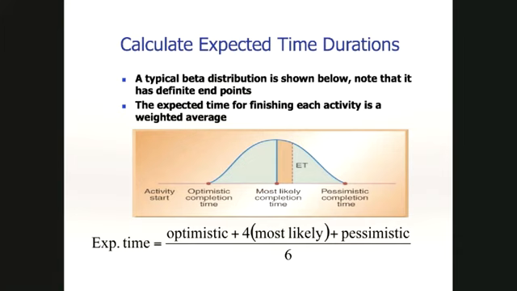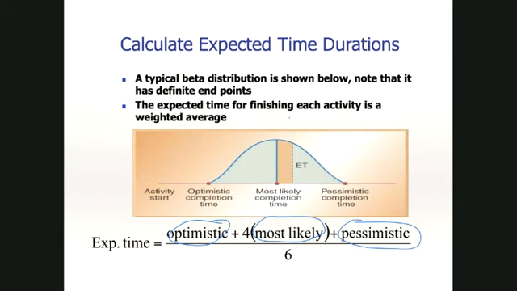You don't have to get into the general math of it, but it follows something called a beta distribution. And a beta distribution has 3 parameters. One is the most optimistic time that you could get done, the most likely time, which is going to be your average time, and your most pessimistic time.